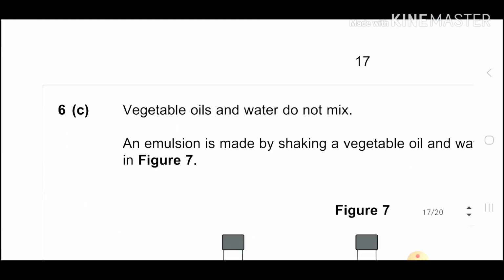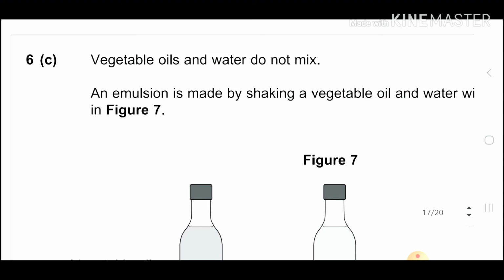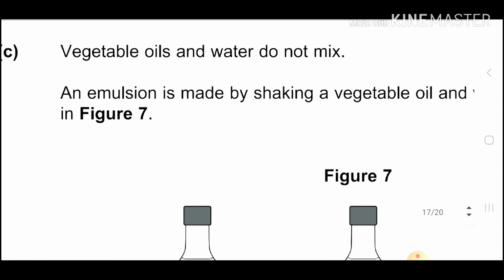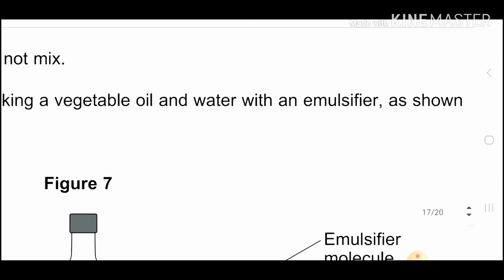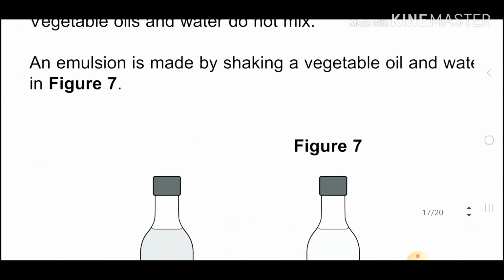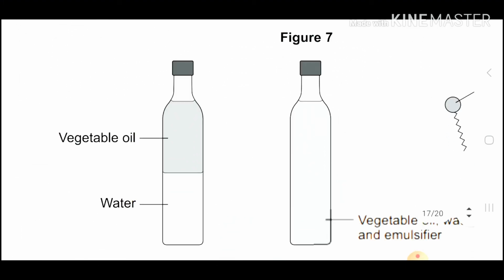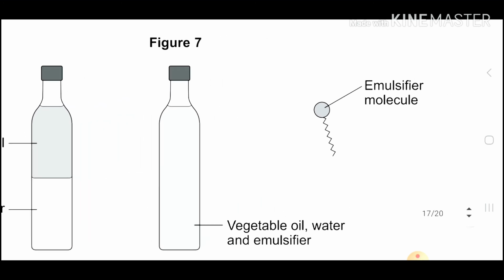So that is 6C. Vegetable oils and water do not mix. Yes, we know that. An emulsion is made by shaking a vegetable oil and water with an emulsifier as shown in figure 7. So you can see here figure 7, vegetable oil and water, and here are emulsifier molecules.